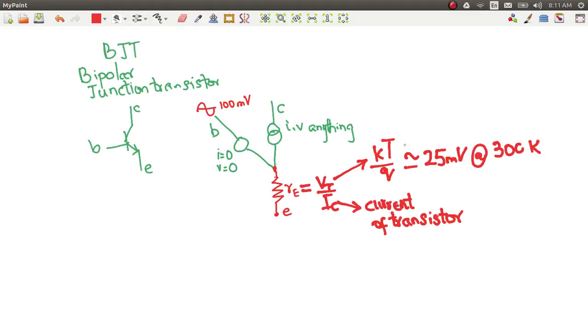This temperature is in Kelvin, so around 273 plus the temperature in Celsius. The important thing to note is that it is dependent on temperature, it's not independent of temperature. So this is one parameter to remember, these are constants, and the other parameter to remember is that it's inversely proportional to the current of the transistor.